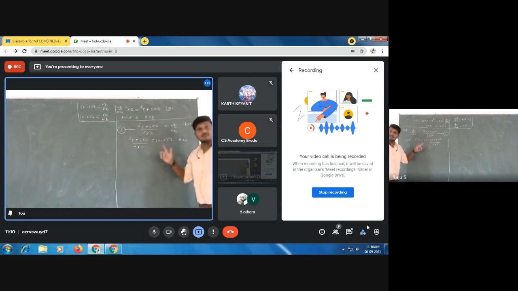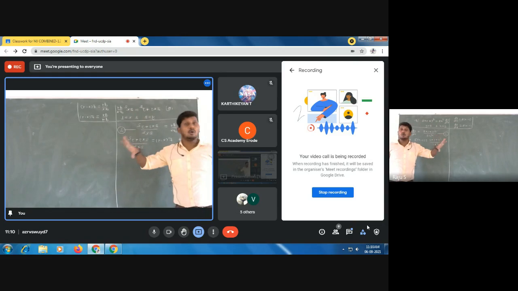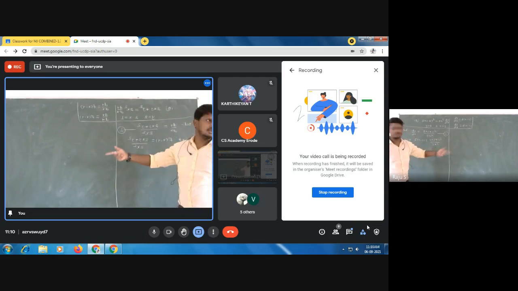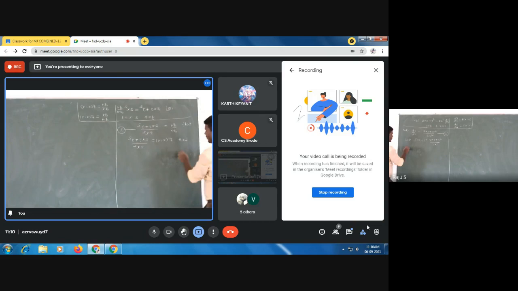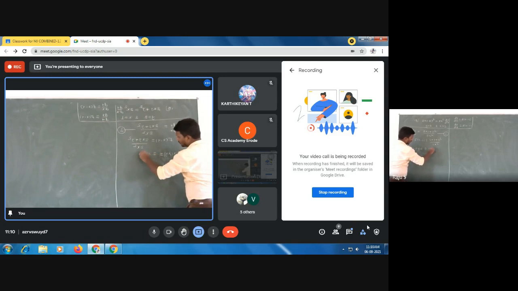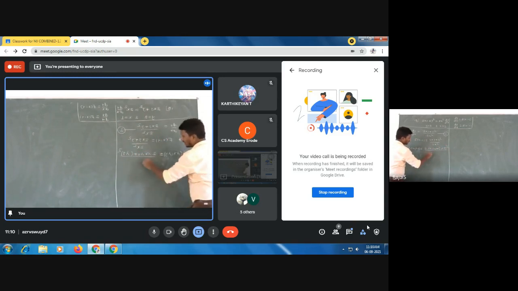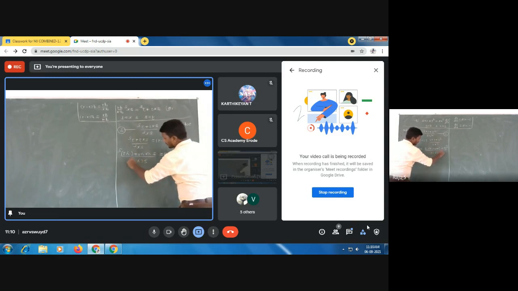Now we have to check whether the given function is homogeneous or not, and if it is homogeneous, whether it is of degree 0. Whenever the degree is 0, it is a homogeneous differential equation. It is clearly homogeneous because when you find f of lambda x comma lambda y, it is 2 into lambda x into lambda y plus lambda y the whole square, all divided by 2 into lambda x the whole square.